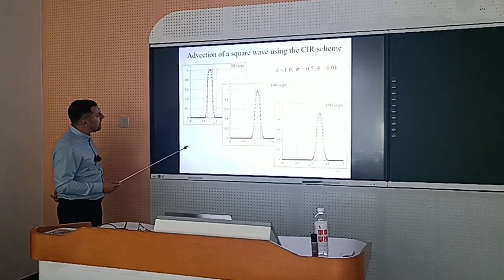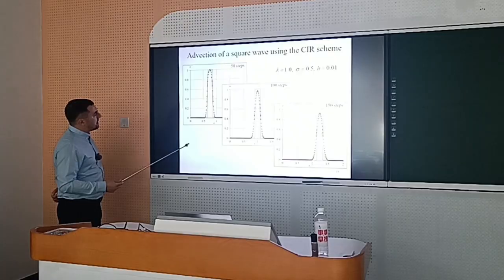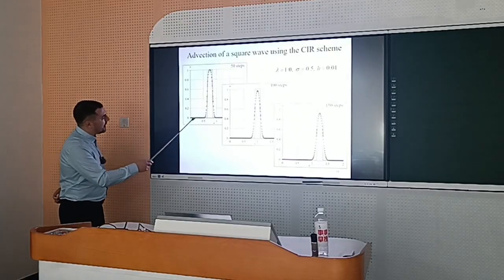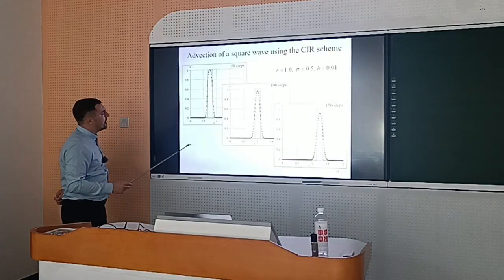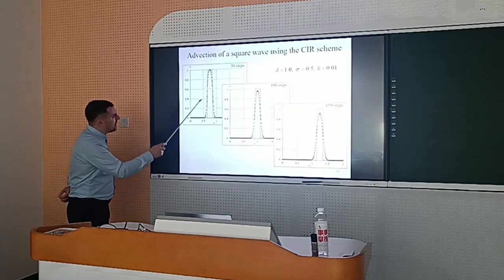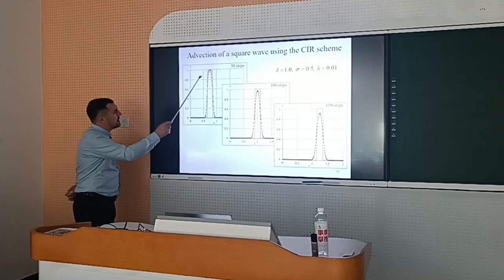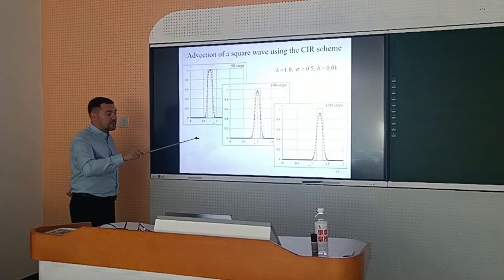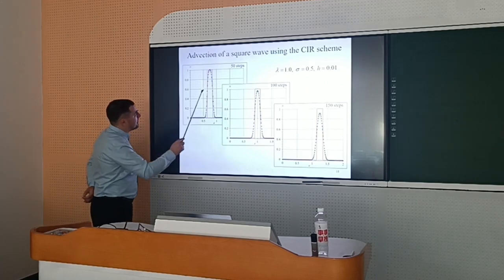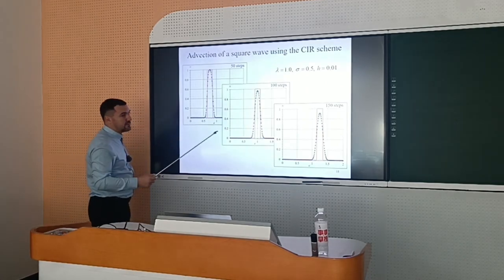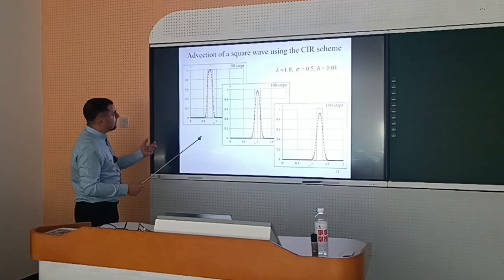What can we see? Well, we can see that we do not have our discontinuities anymore, right? Initially, the profile had a discontinuity, but our numerical scheme smears these sharp discontinuities. Actually, we have a very diffusive profile. This is the first feature.